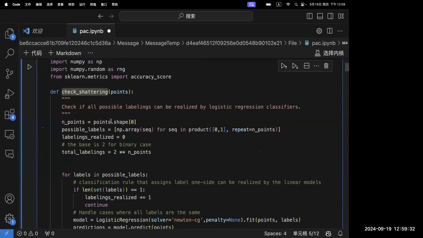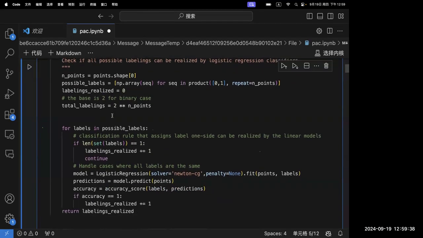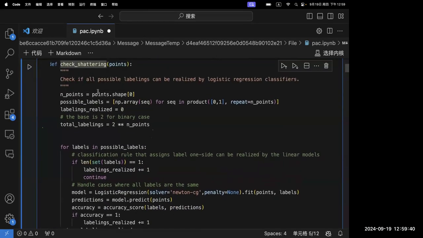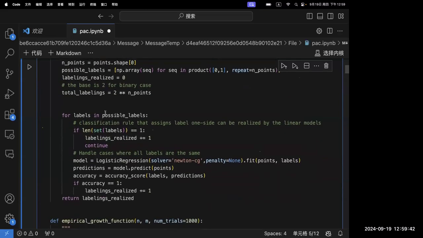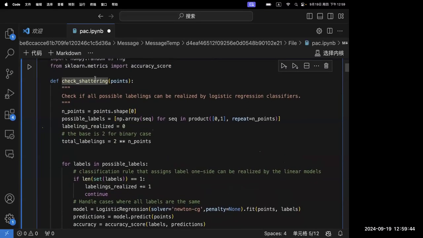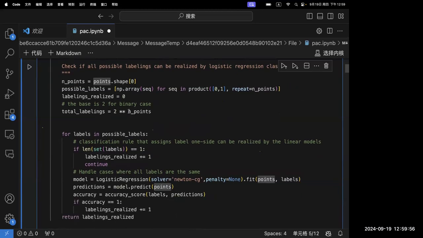How do we check if they can be shattered? We use the check shattering function that is defined here. Basically, when you are checking the shattering condition, you essentially have a set of input training data, in the format of a combination of a label and input data.